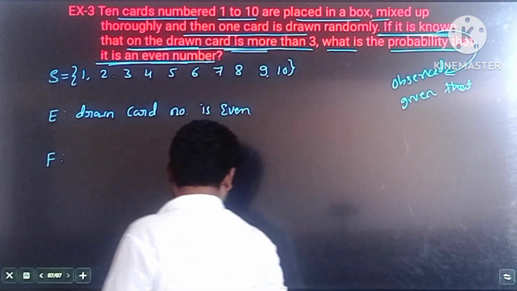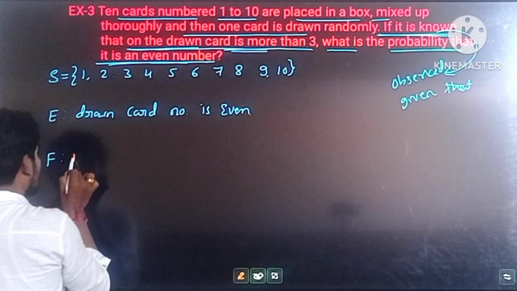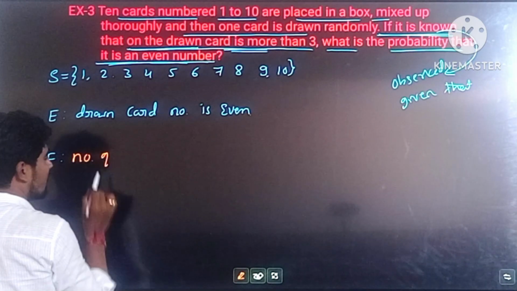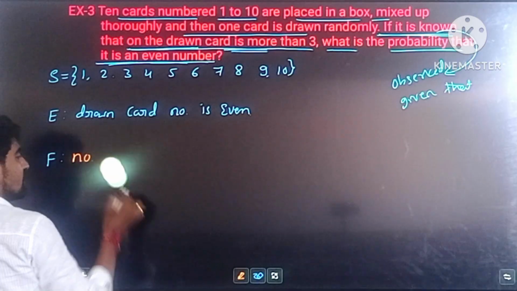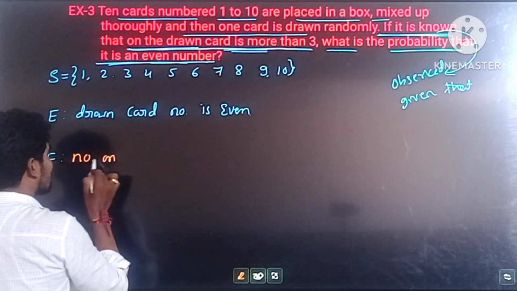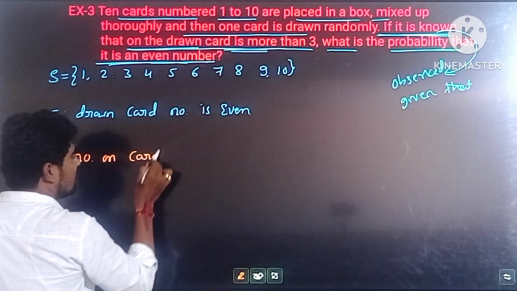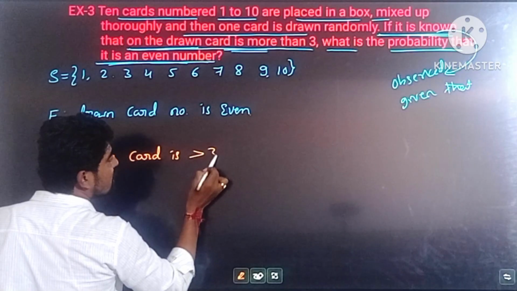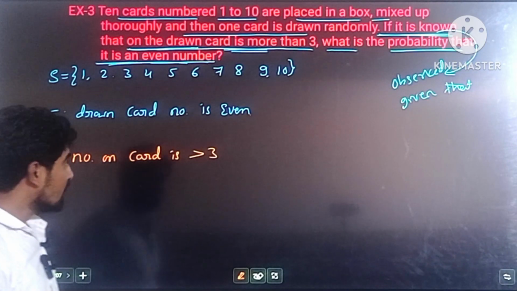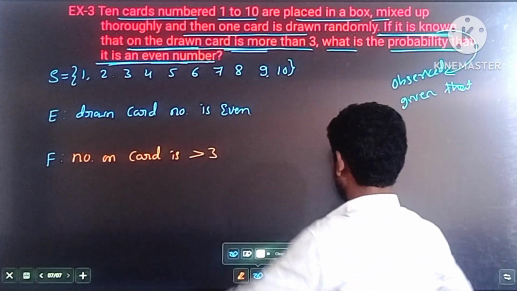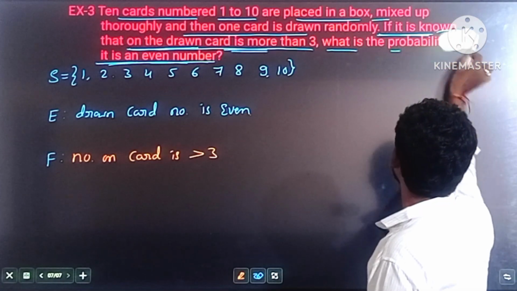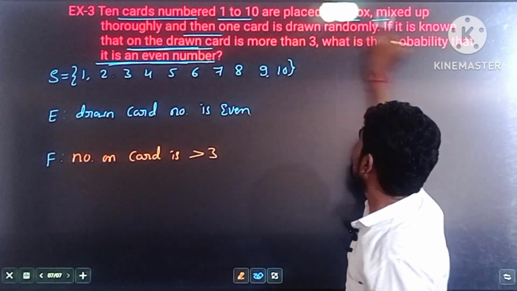What is the given event here? The number on the drawn card is more than 3. And here we need to calculate the probability of E by F.